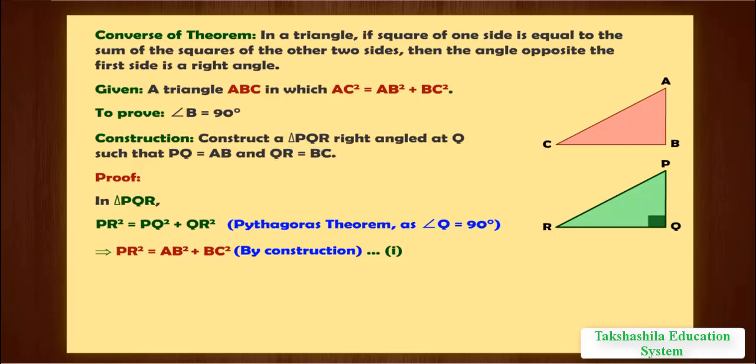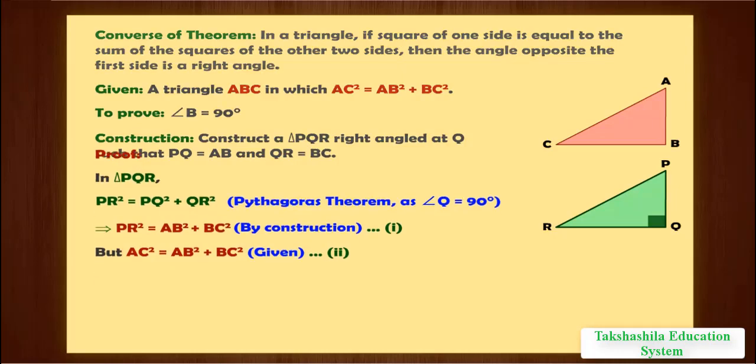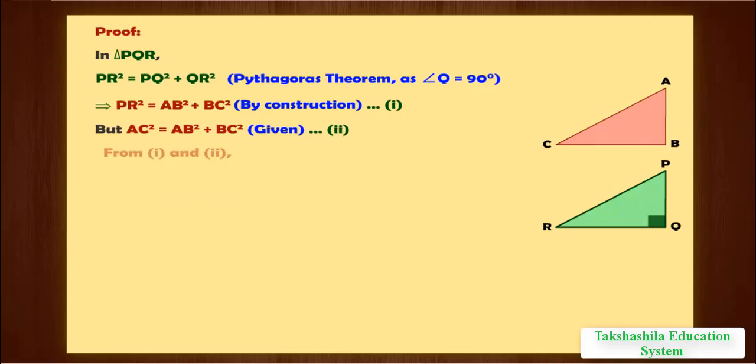This is equation 1. But AC square is equal to AB square plus BC square as given. This is equation 2. From equations 1 and 2 we get AC is equal to PR. This is equation 3.